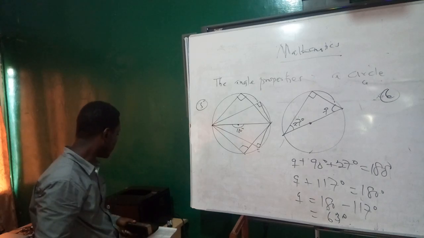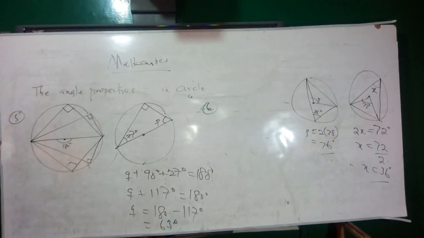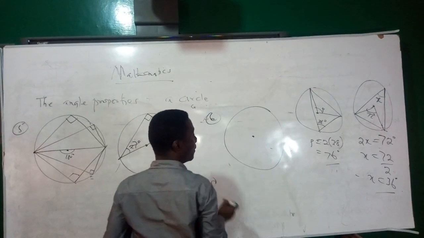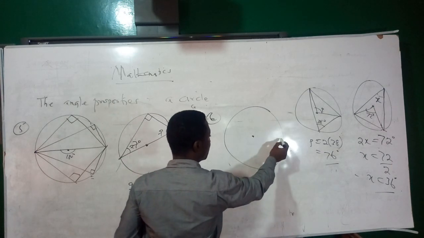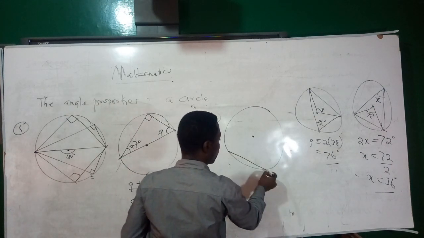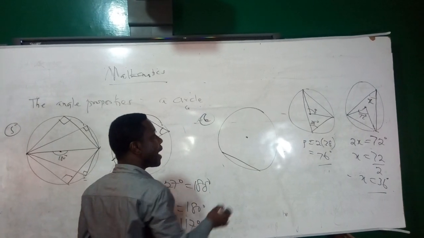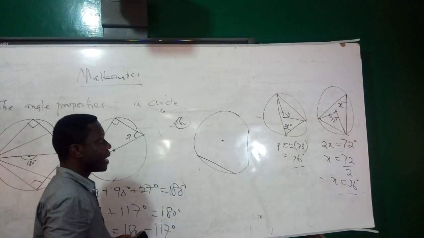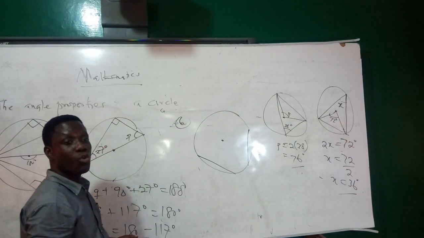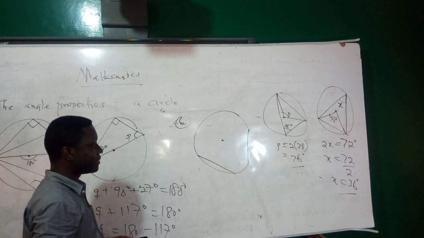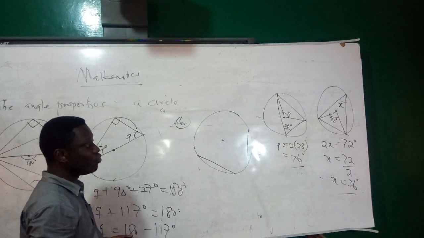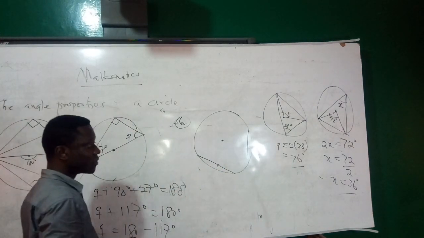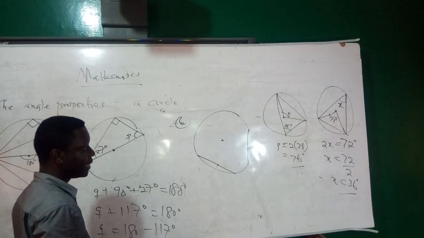Equal chords subtend the same angles at the circumference. So if I have a circle with a center and I have, say, this chord, and I happen to have another chord, let's say this chord, and I'm saying that these two chords are equal. And you know, in mathematics, to indicate that these two chords are equal, I'll have to put a mark there.